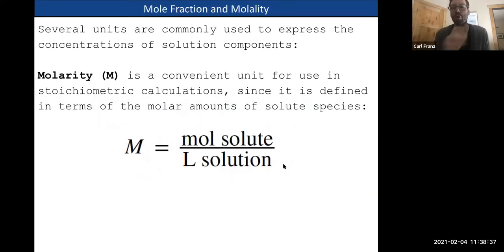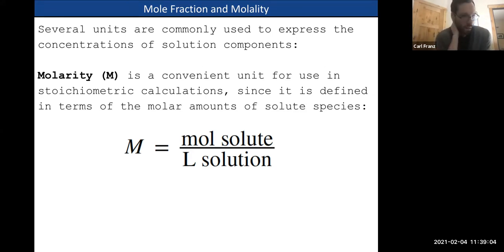Now, there are several units that we use to express concentrations of solutions. Molarity is a big one, and that's going to be the moles of solute over liters of the solution. Okay, so the total liters of the solution.